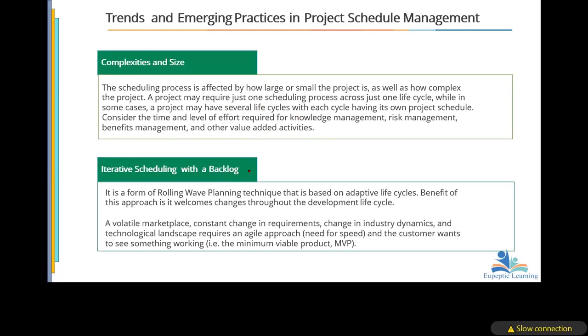Then the other ones here, in fact most of them are more related to IT and Agile, like scheduling with a backlog. A backlog simply means a list of priority of requirements.